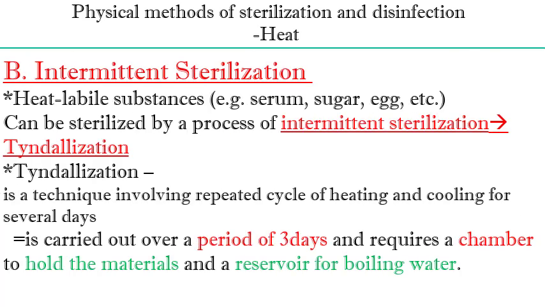Another form of moist heat sterilization is intermittent sterilization. Certain heat-labile substances, for example, serum, sugar, and egg, that cannot withstand the high temperature of the autoclave can be sterilized by a process of intermittent sterilization or tyndallization. Tyndallization is a technique involving repeated cycles of heating and cooling for several days.